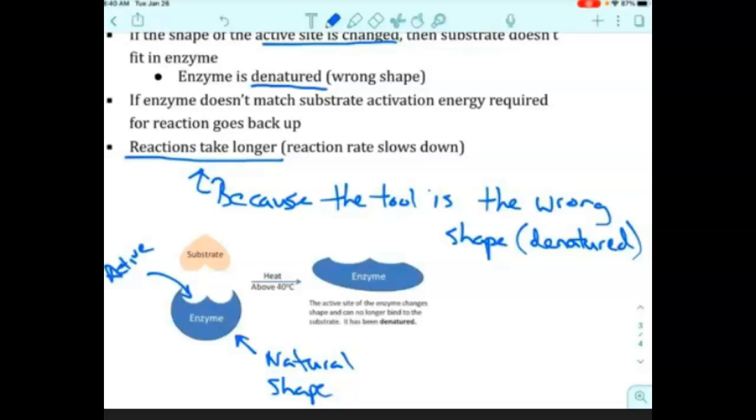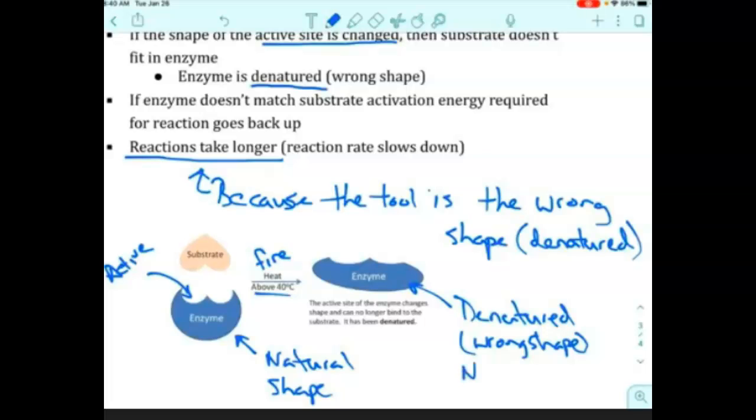But then when we heat it, so maybe this is fire or something, or acid or something like that, now the enzyme is denatured. It's got the wrong shape. And that means the reaction isn't going to happen, or it's going to take a long time. I'm just going to jot down no reaction because it's easier to write. No reaction.